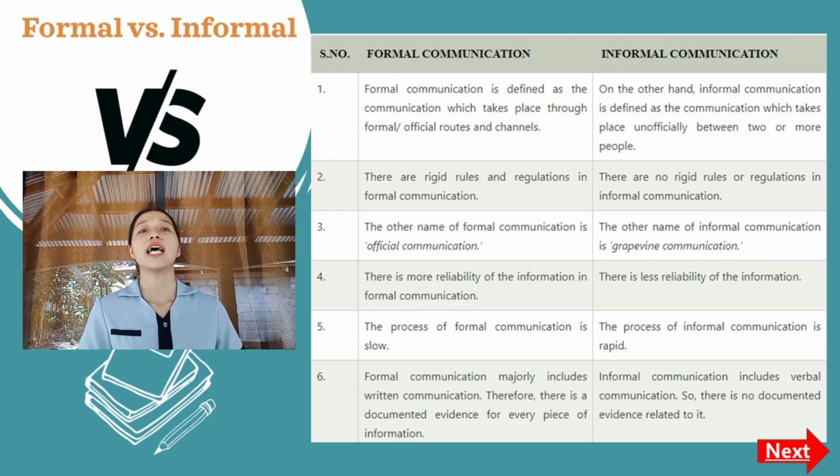The fifth one is the process of formal communication is slow, while on the other hand, the process of informal communication is rapid. The sixth one is formal communication mostly includes written communication. Therefore, there is documentary evidence for every piece of communication, while informal communication includes verbal communication, so there is no documented evidence related to it.